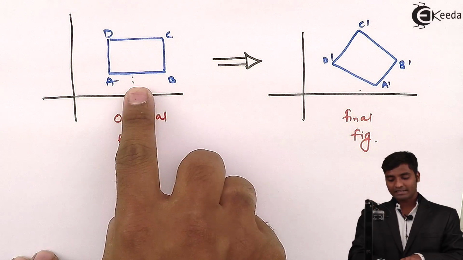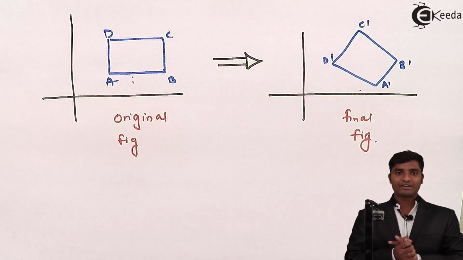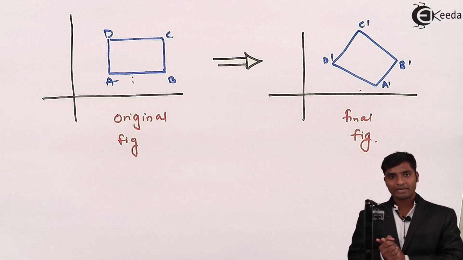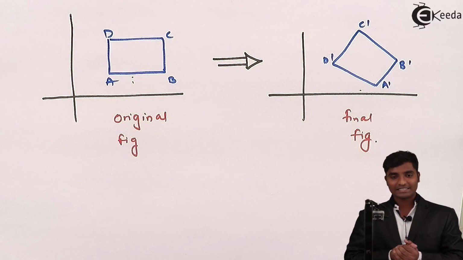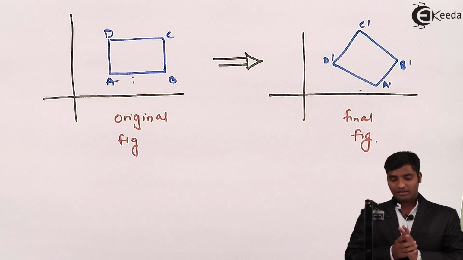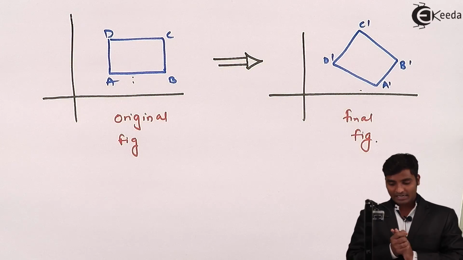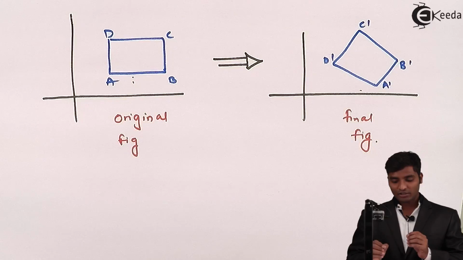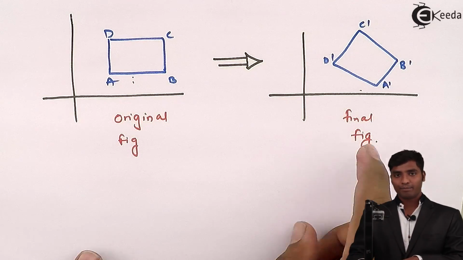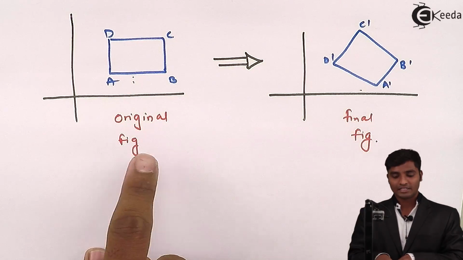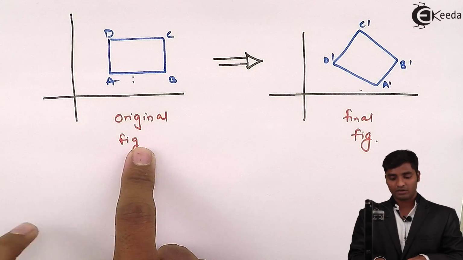For converting this figure into this figure, we require a series of transformations. You can see the square has been rotated and the size of the final figure is somewhat bigger than the original figure.